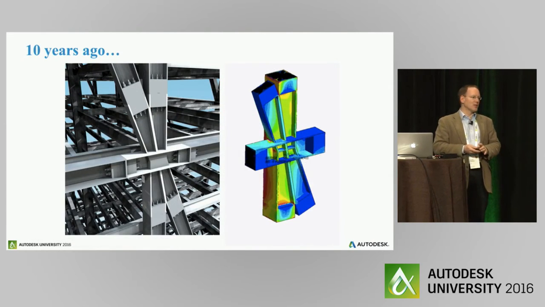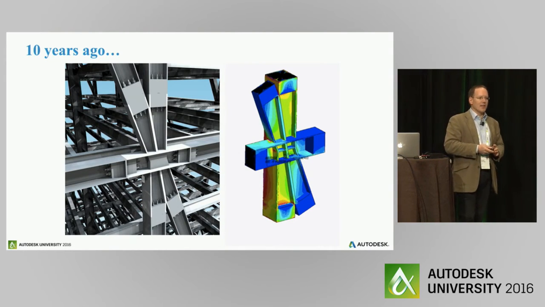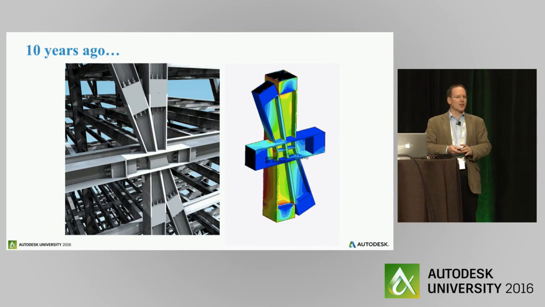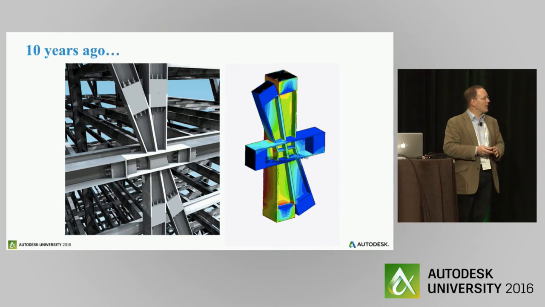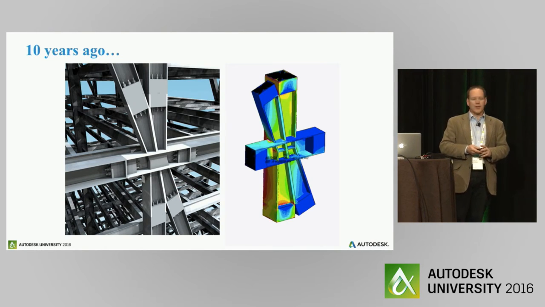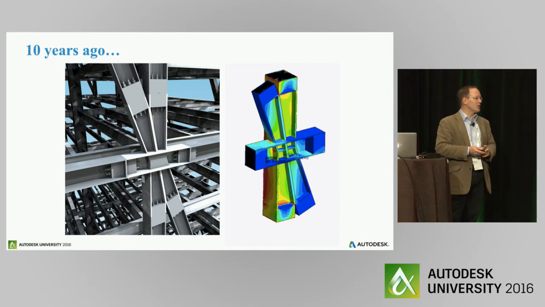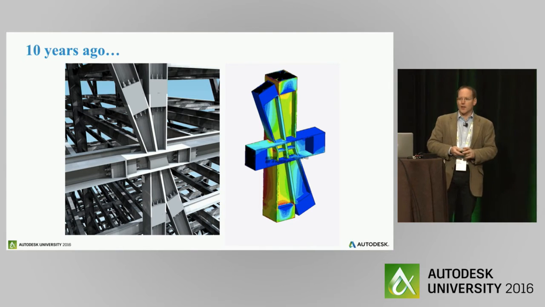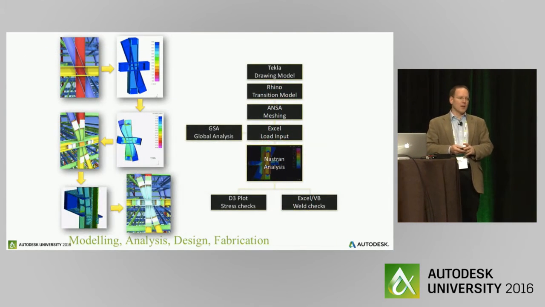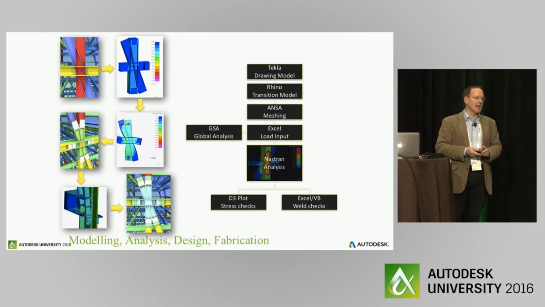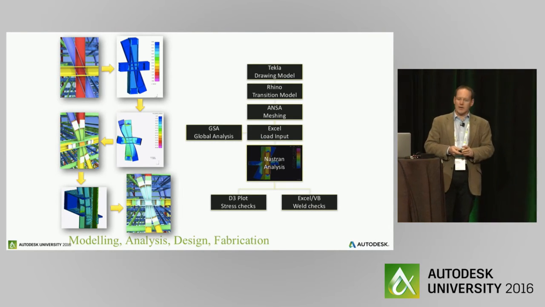So some examples of its use. Now, 10 years ago, this is the Leadenhall Tower in the City of London. And the nodes that we were analysing and creating there, that's one particular node that's about 3 meters from top to bottom, channeling huge amounts of force through the plated elements. So we had to go through that in quite a complex way 10 years ago, which involved Nastran analysis and LS-Dyna stress plots to work out welds.